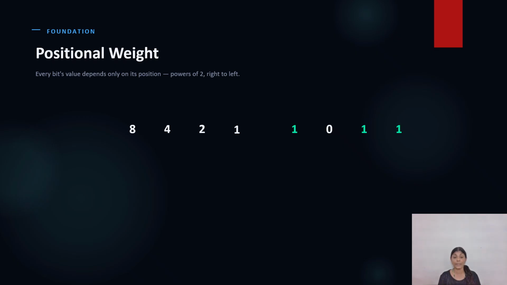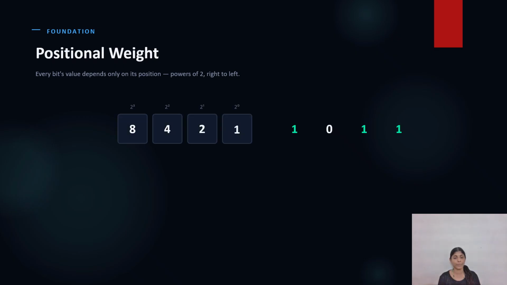So when will you get that power of 2? Kindly recollect, it happens only in the binary representation. Next, you have to read right to left, because the rightmost bit is the least significant bit and the leftmost bit is the most significant bit.